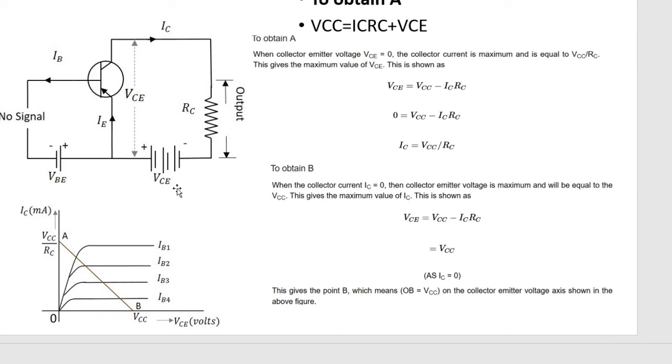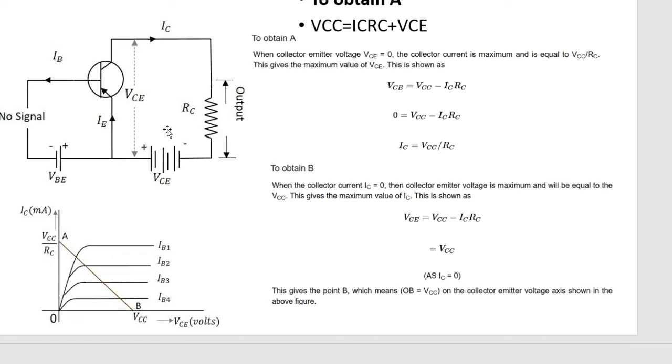To understand the working of a transistor or to analyze a circuit, we apply these techniques. I repeat, if we consider the transistor in saturation, we assume it as a closed switch, so IC will be maximum but VCE will be 0. But when we consider the transistor in the cutoff region, we assume the transistor is off, the collector current is 0, and it behaves like an open switch, so all the supply voltage appears across the transistor.